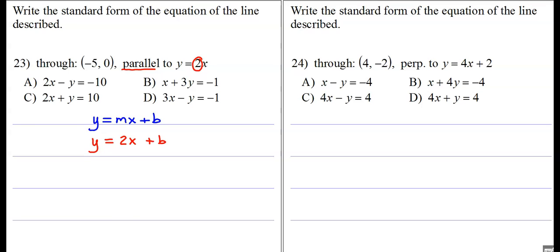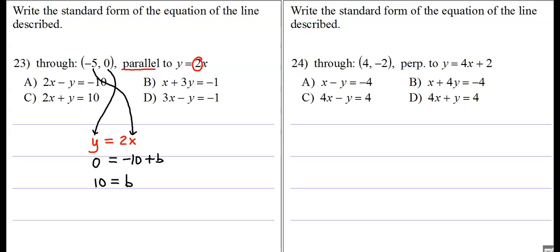So I do have a little bit of a start, but we don't have the b. So to get the b, we need to substitute points in. We plug that in here, and we're going to plug that in here. And to get b, I add 10 to both sides. And I'm like, sweet, b is 10. So now my starter equation is turned into a real equation, and I have plus 10.